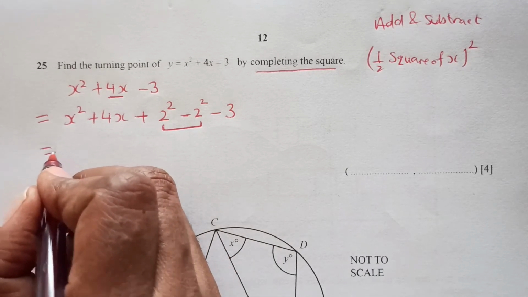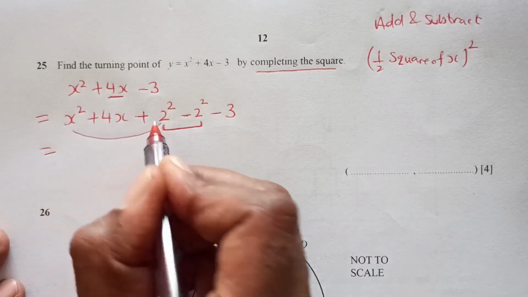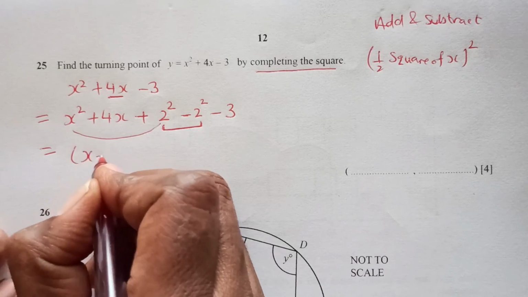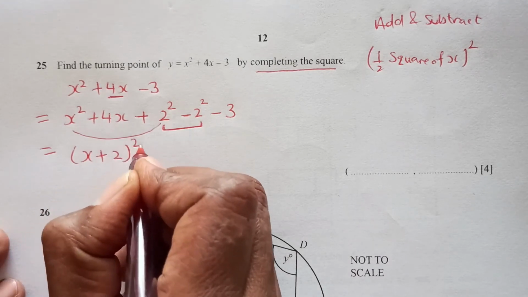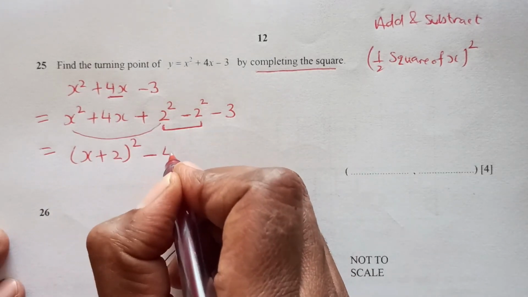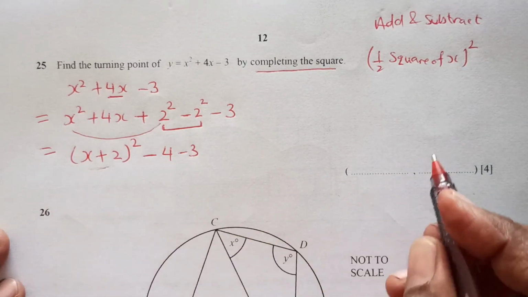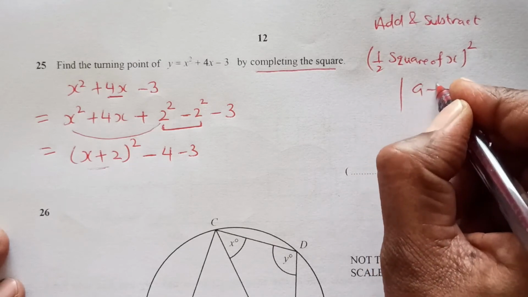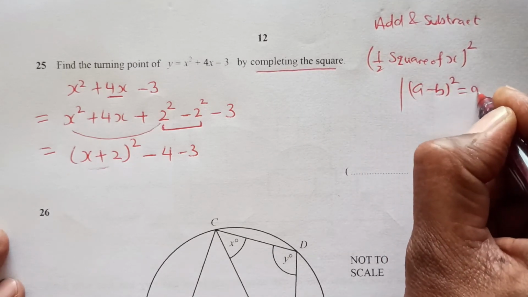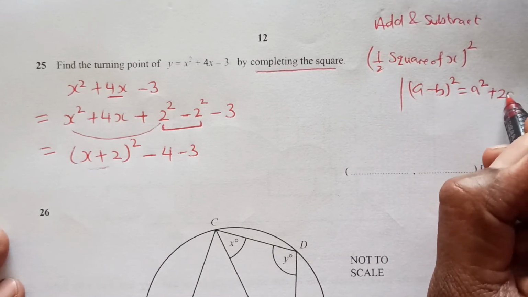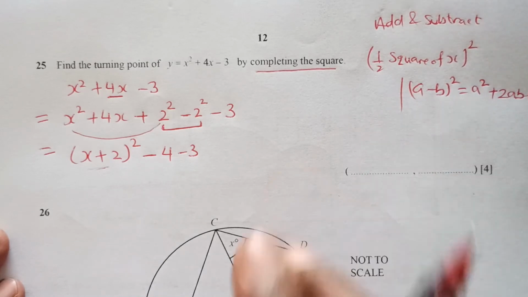If we combine these three terms, this will give you x plus 2 whole squared and minus 4 minus 3. Here I have used the formula a squared plus 2ab plus b squared.